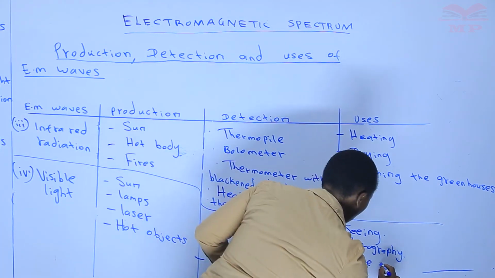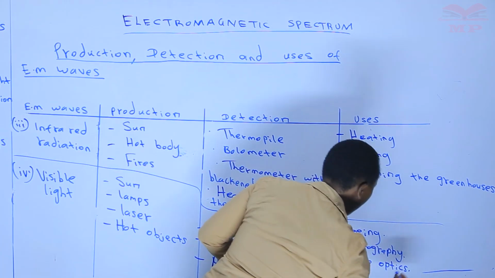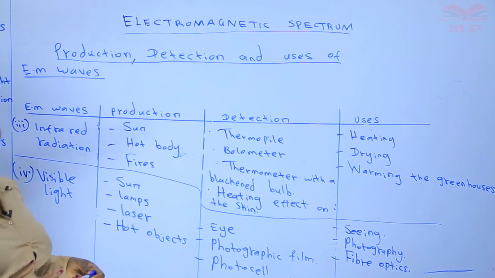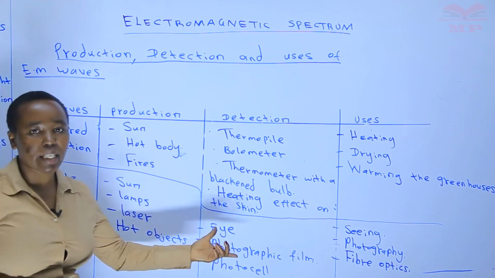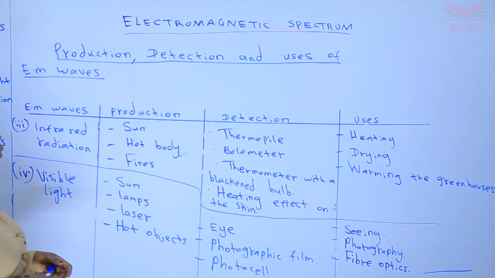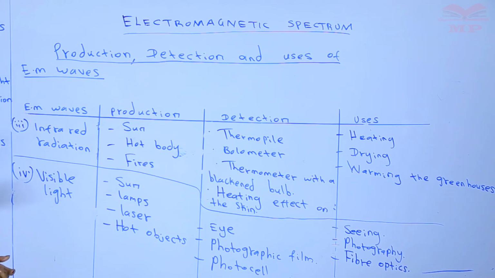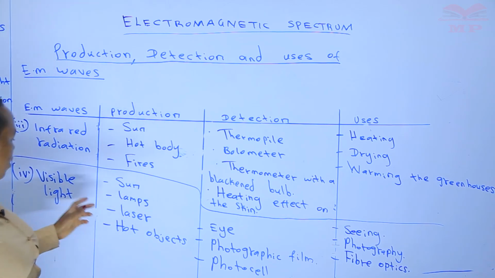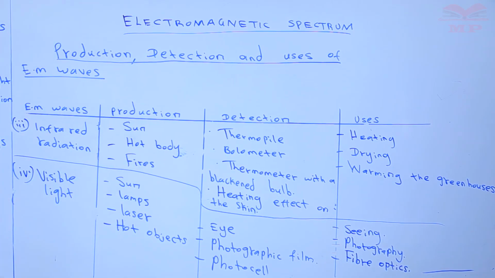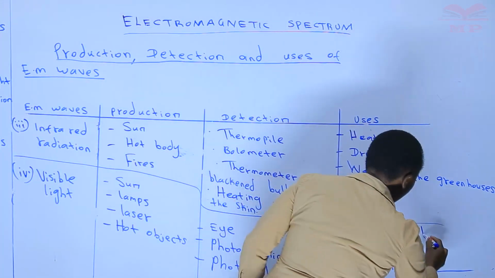Remember, in the refraction of light, we learn about the optical fibers. There must be visible light, because in the optical fibers it is due to the total internal reflection of light. So those are some of the uses: seeing, photography, and we can also talk of the laser beams.